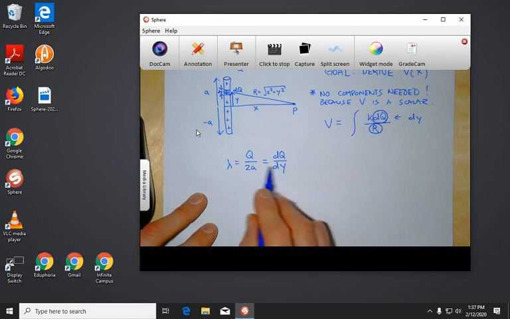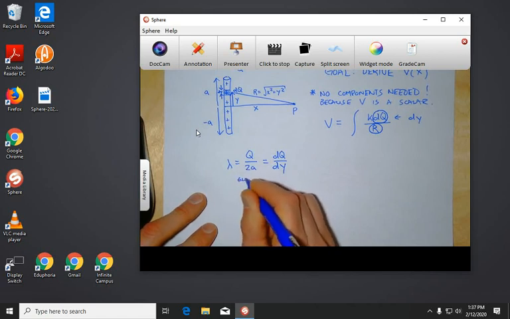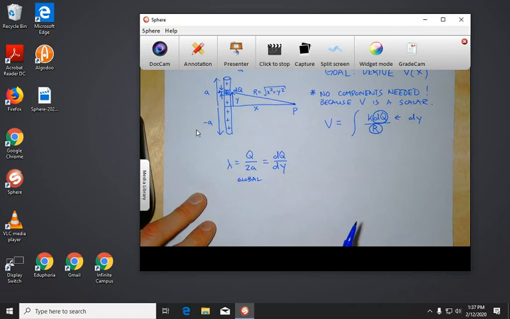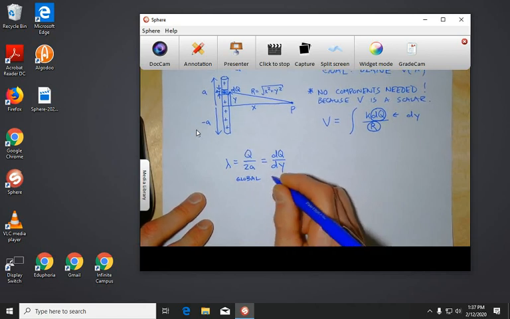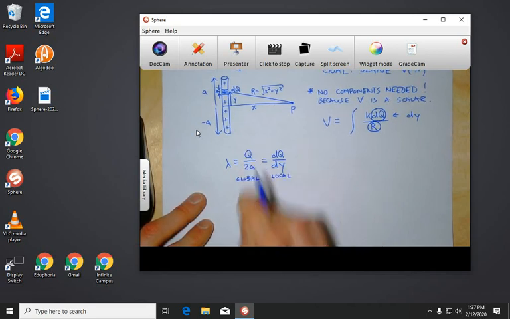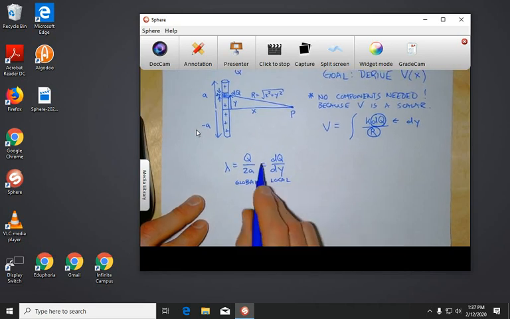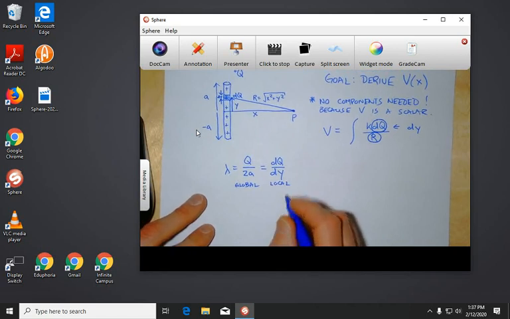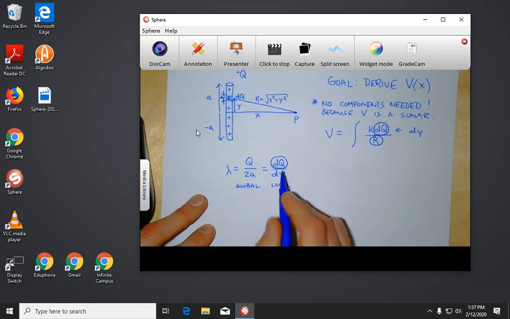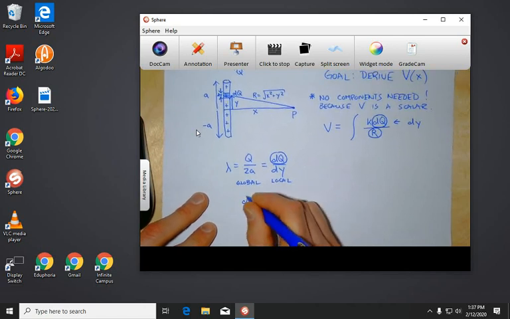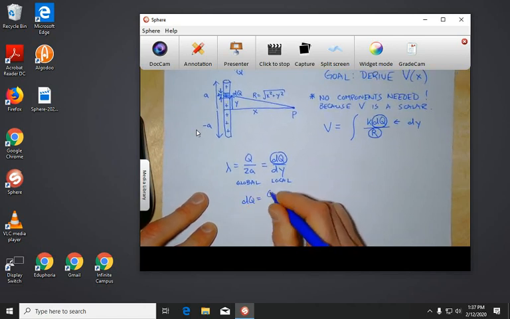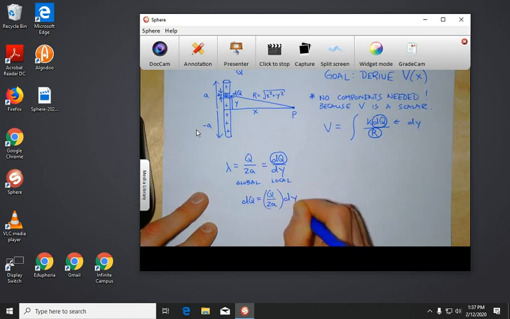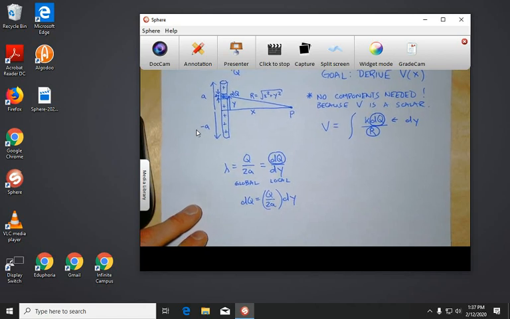So if you like, this is the global charge density across the whole object, and this is the local charge density in the small piece. And the reason we can say those are equal is because this is a uniform distribution of charge. So that's going to be the trick that allows us to get rid of dq, and we can now write dq is equal to Q over 2a times dy, and that will be our substitution for dq.